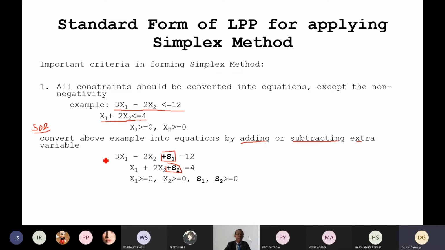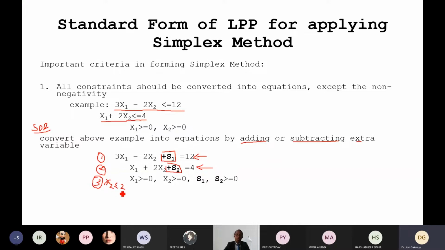Example. Here we have constraint 1, constraint number 2. Let's say we have a constraint number 3, which is x2, only x2, less than or equal to 2. So now we have 3 constraints, so the extra variables to add will be 3, one for each constraint. Constraint number 2 takes S2.